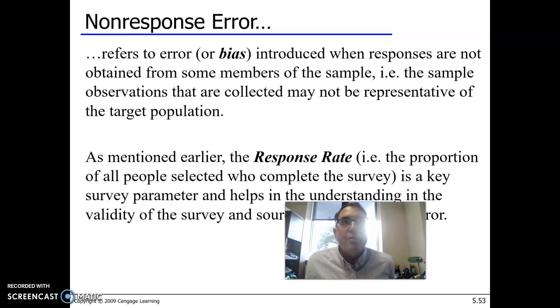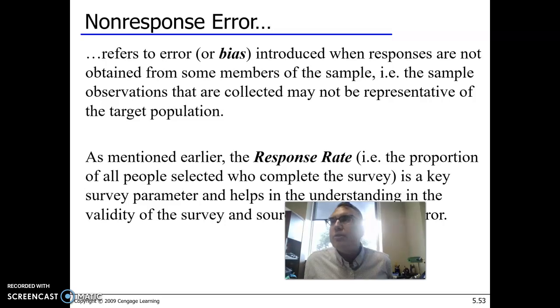For example, if you do a phone survey, well, that automatically has non-response error because there are people in the United States, 6% of the people in the United States, that don't have access to a phone. So you're not going to ever represent those people with a phone survey.